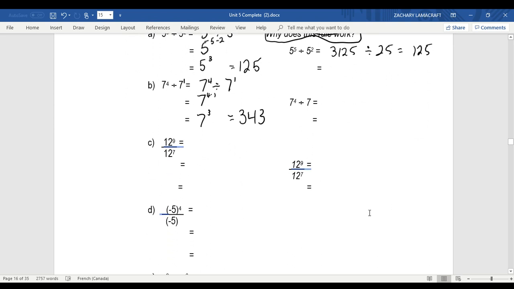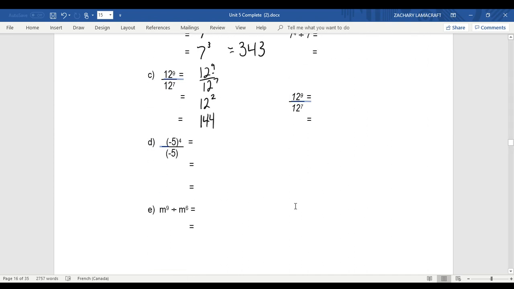In this case, I really enjoy it when they are in a fraction form, because it kind of sets it up to how we just learned how to subtract in the first place. So it'd be 12. We have 9 minus 7, so it just gives us 12 to the 2, or 144. All right. If we look at our next one, we have negative 5 to the 4.